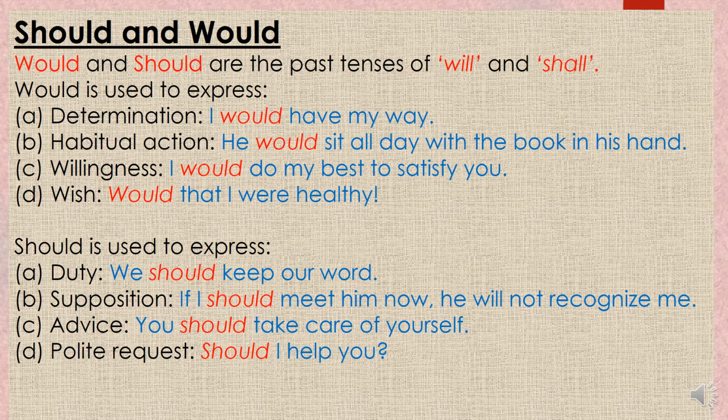You're pretty sure, but here you are showing your determination, that you're determined that you will do that thing, but it is not confirmed that you will surely do it. See, determination, you are determined about something, that I would have my way. You're determined that you will have your way. I would have my way. So when you're showing your determination, you use would.